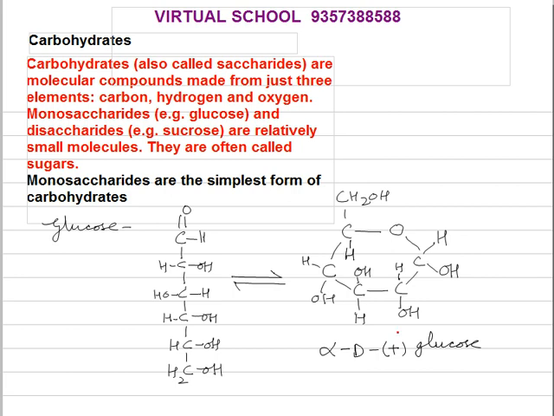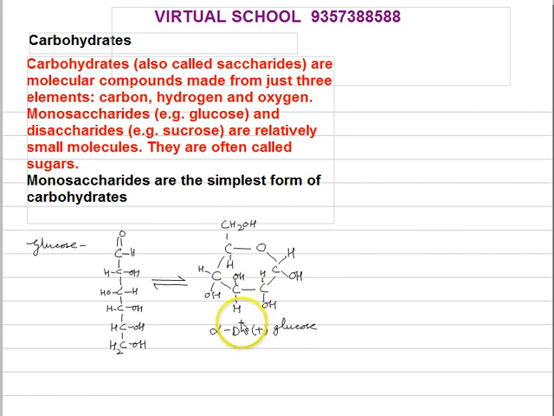Now another form which is available is beta D glucose. So this is alpha D glucose. A small change you find when we go for beta type. I take this formula here just for convenience.